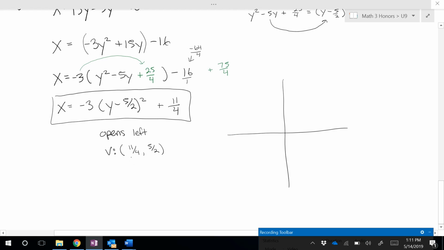So 11 over 4, 4 goes into 11 2 times, so this is 2 3/4, right? And 2 goes into 5 2 times, so this is 2.5. So we go right 2.5, up 2 3/4. About right there. Opens to the left.